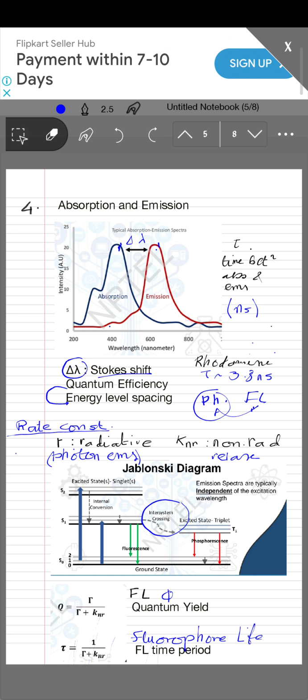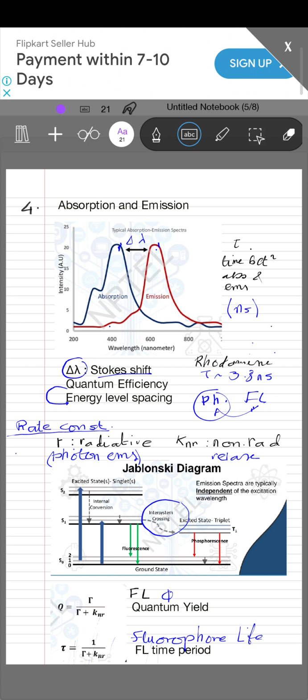Apart from that, in the case of fluorescence also, there are some internal conversions taking place. Here you can see the light has been absorbed up to this level, so this corresponds to the absorption of light. However, due to some internal conversions, the electrons have gone to a lower energy state.